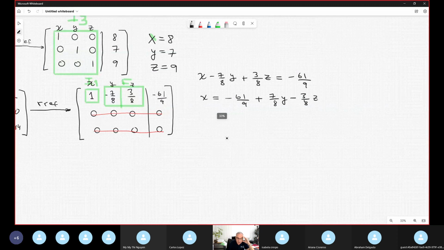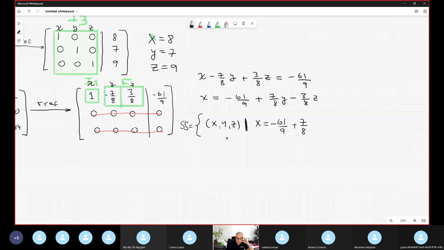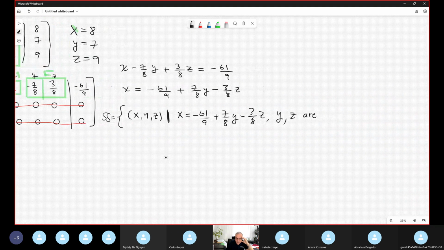Look, one way, a little bit more formal, is the solution set S is the X, Y, Z such that X is equal, I copy this expression again, minus 61 over 9 plus 7 over 8 Y minus 3 over 8 Z, comma, and Y, comma, Z are any real number. In other words, these variables are free.